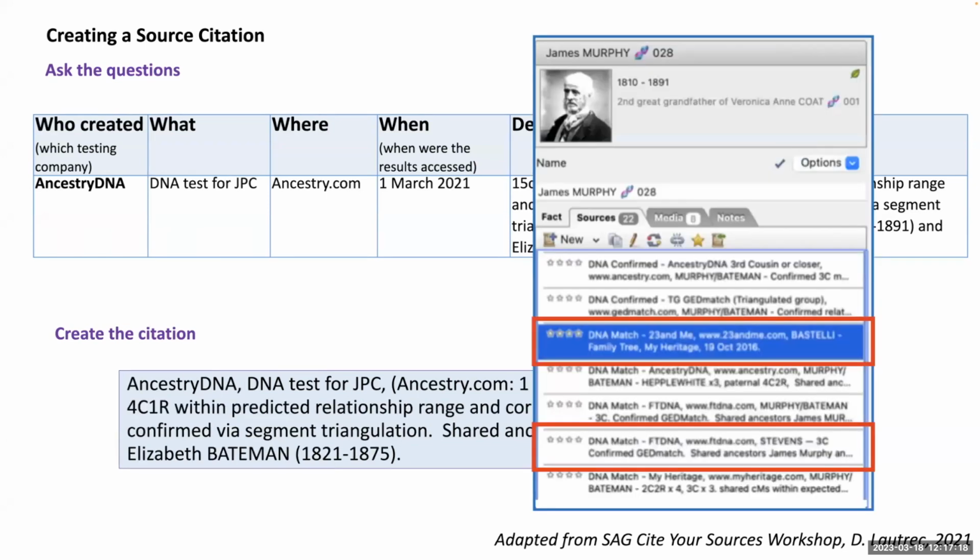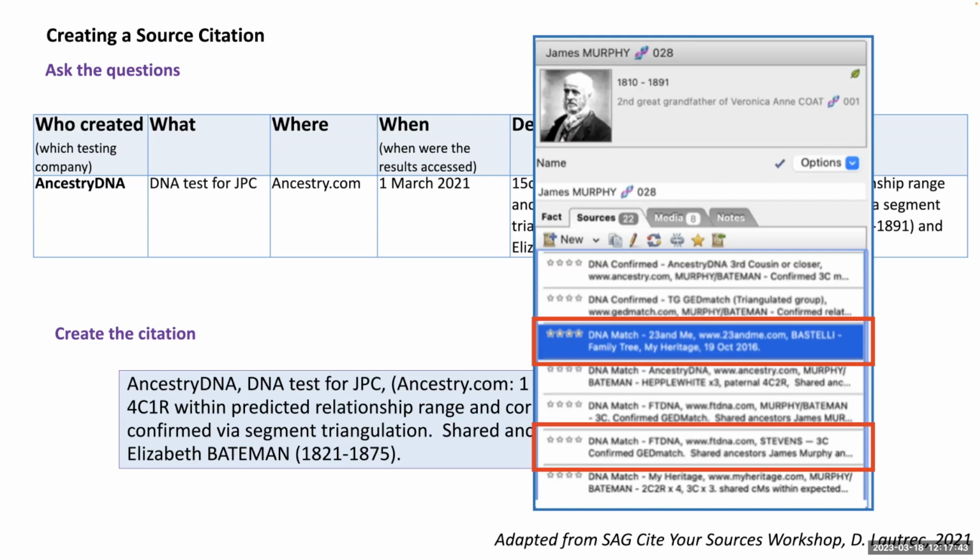So I've been slowly changing a lot of my source citations. You can see there on the right-hand side that before I used to just record DNA match and a date, and it didn't really give me much information. You can see for those 2 that I've highlighted, we've got the names Bastelli and Stevens. So that's telling me the name of the match, but it's not telling me much more about the details of the match. So I wasn't very happy with that.